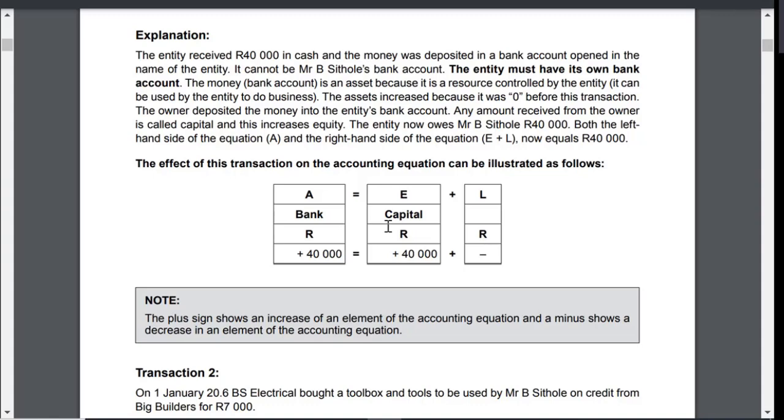If BS Electrical now buys a vehicle, they buy an asset, and they enter into a finance lease agreement. On that finance lease agreement, a car normally is payable within 60 to 72 months.